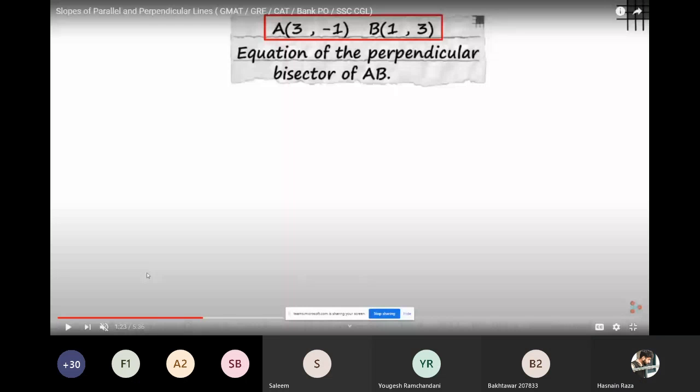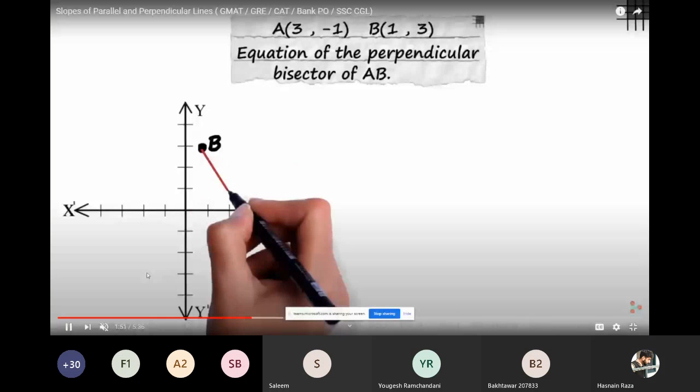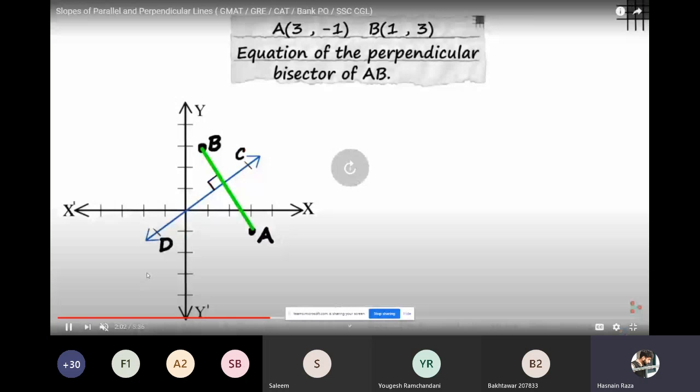Look carefully. First of all, उसने A और B points को plot किया, join कर लिया, ठीक है. फिर एक परपेंडिकुलर बाइसेक्टर बनाने की कोशिश की है. अच्छा, मिड पॉइंट समझा रहा है ये, because it has divided it into two equal halves.